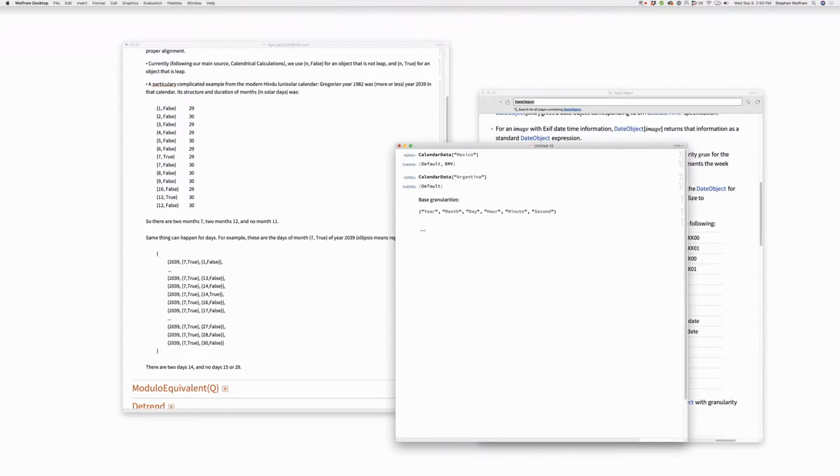Exactly. And then there are the, what are we calling them, extended granularities, which are things like week. Those are not units, because these granularities could be something which changes over time. In other words, it's not a fixed unit, am I correct about that?